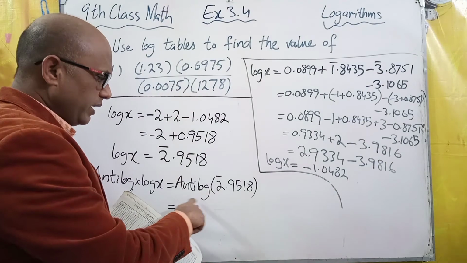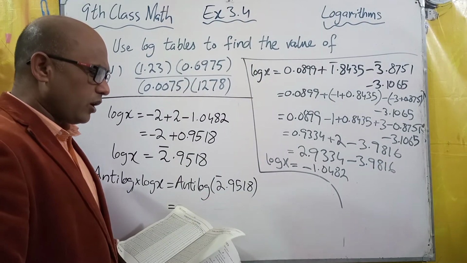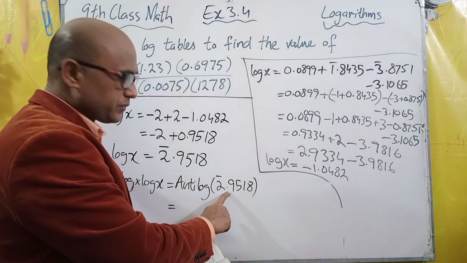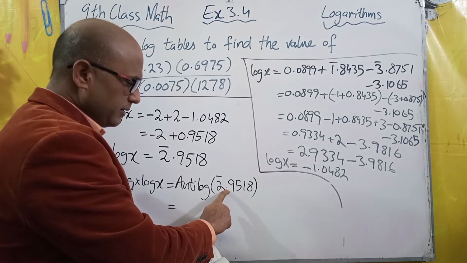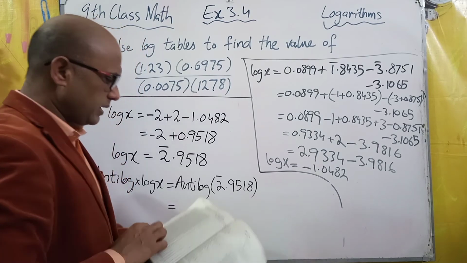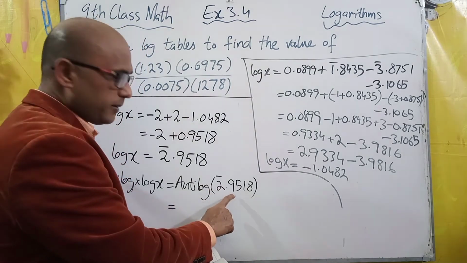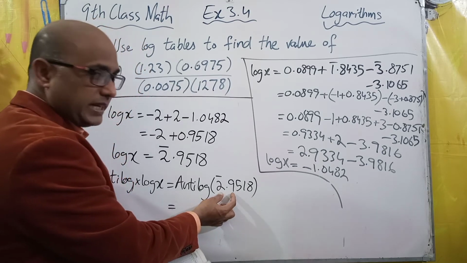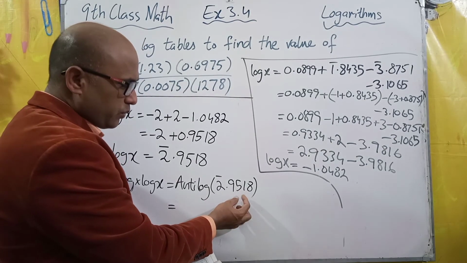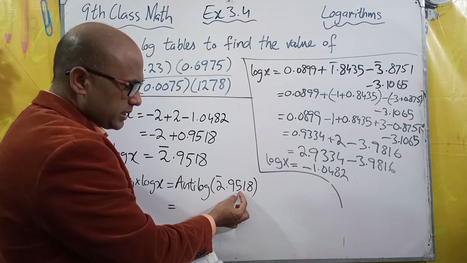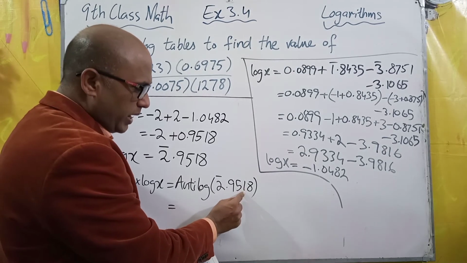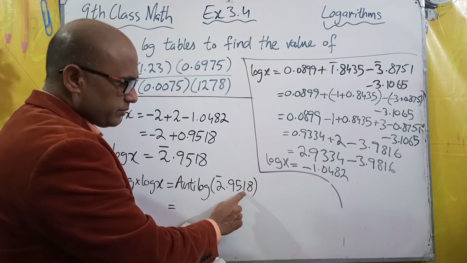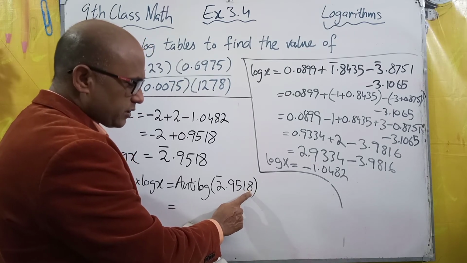But when we check the anti-logarithmic table, students, we take the number after the decimal. The number which is written after the decimal will start from this number 95. We will not see 29 in 5, but will see 95 in the first column and difference in the 8th column.